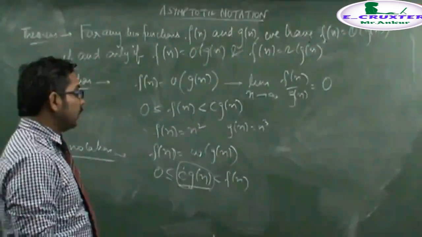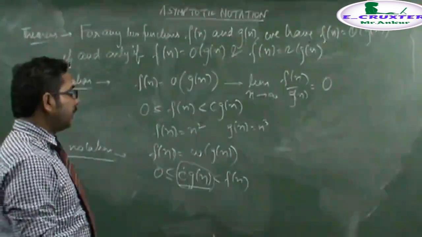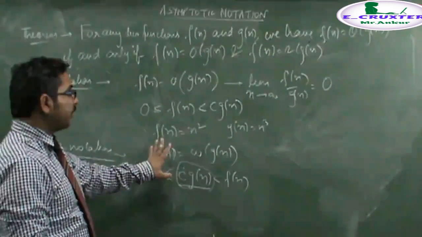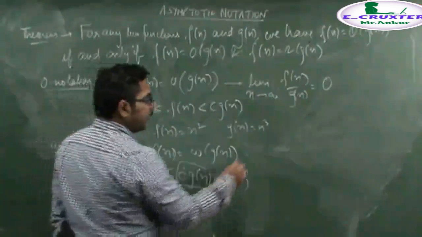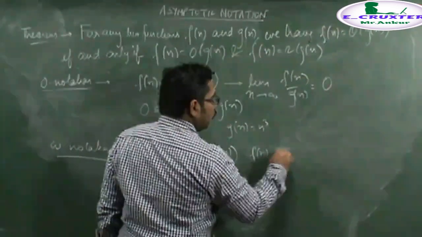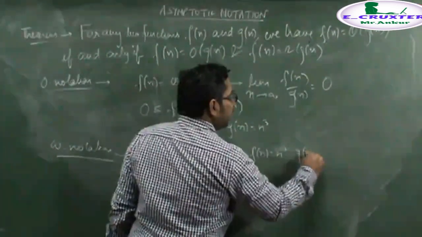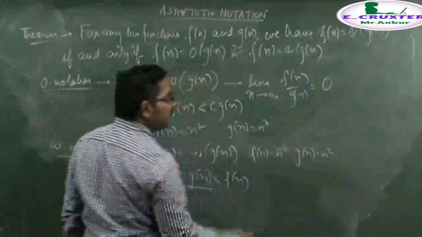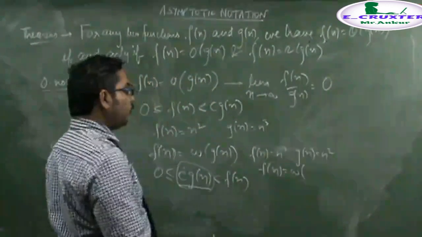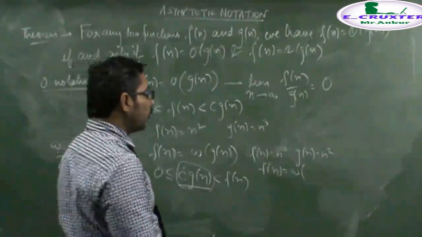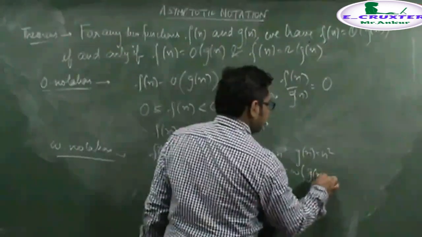Or, let's say if f(n) is n cube and g(n) is n square, then the g(n) function will always act as the asymptotically lower bound for the f(n) function.